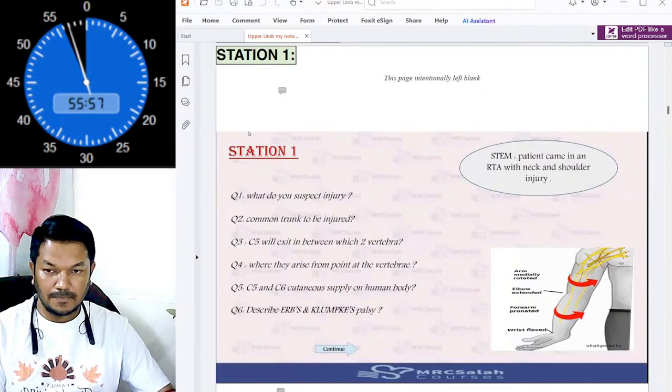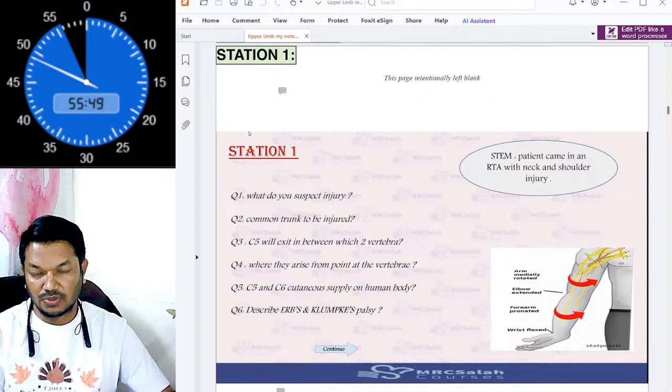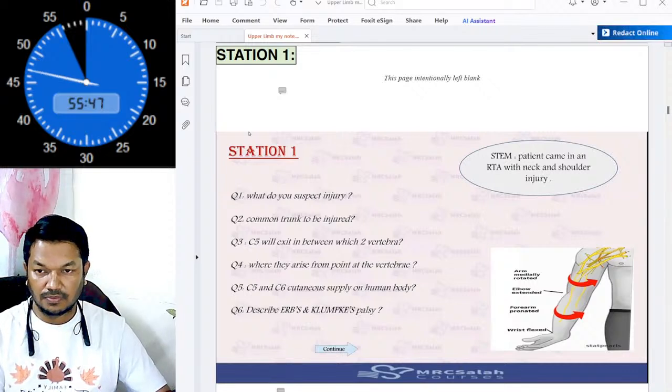The brachial plexus injury, upper trunk. The traction type of injury.